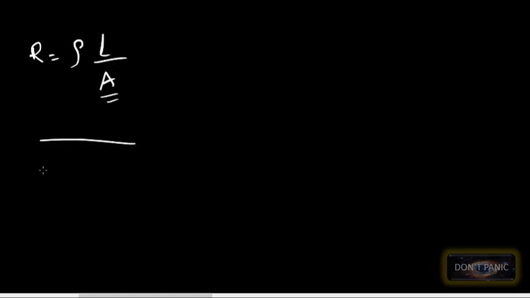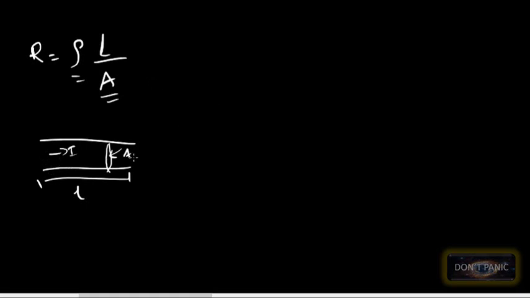So for example, if you have a wire that's carrying current in this direction, its length is L and its cross-sectional area is A. Then you plug in these parameters, and resistivity is a constant, and you get the resistance for the material.